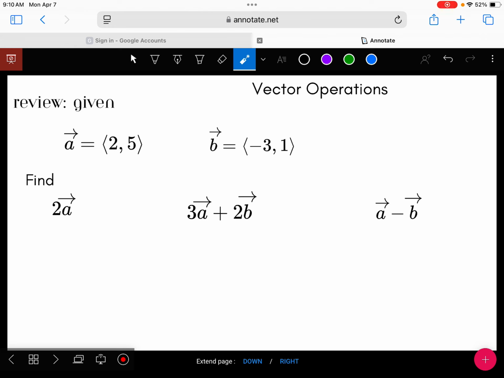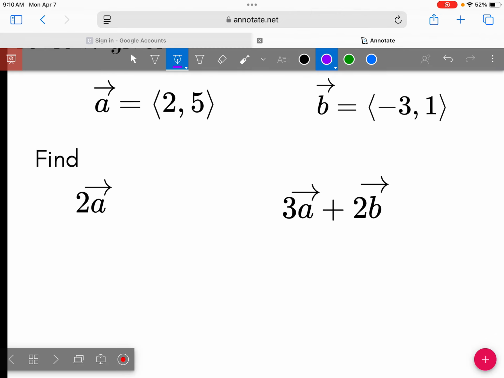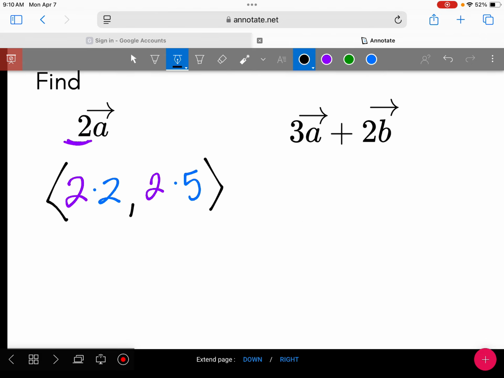What do we do to figure out what twice vector A would be? We take this number up front, that's our scalar, and we multiply the 2 times each of these pieces. So 2 times 2, and 2 times 5. So our vector is going to be 4, 10.